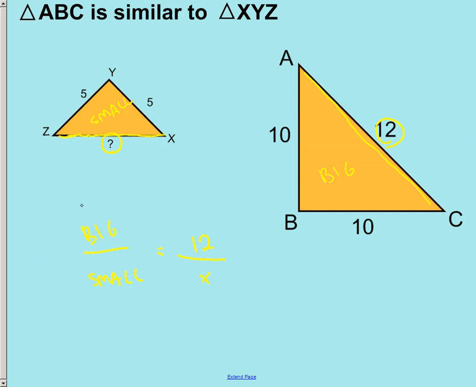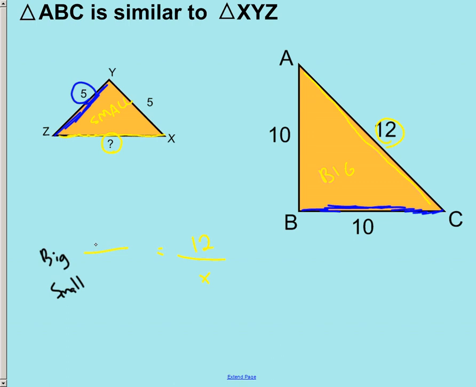Now all we have to do is find 2 more corresponding sides that we can have the numbers for both of them. Remember, big on top, small on bottom. So let's go to blue here. That would correspond with BC right here.